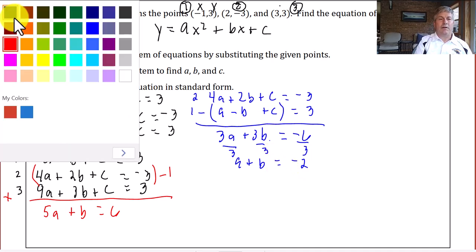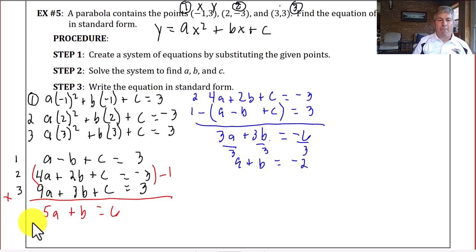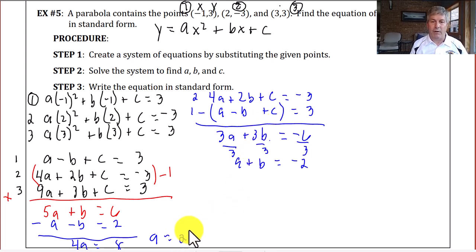So I'm going to take that other equation and I'm going to subtract that. So if I subtract the blue equation, the a plus b equals -2, I get a -a. So that gives me 4a equals 8. And then I know that a is equal to 2. So now I have one of my variables.